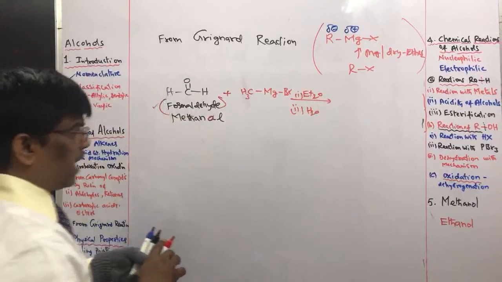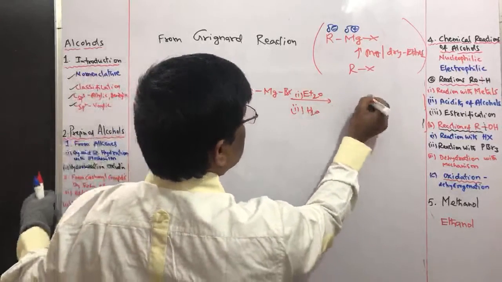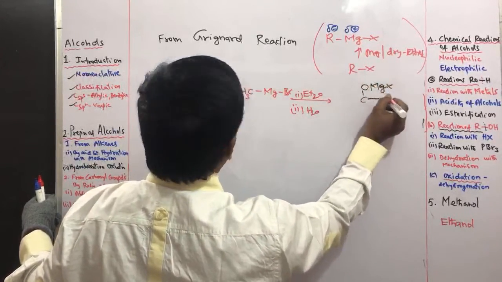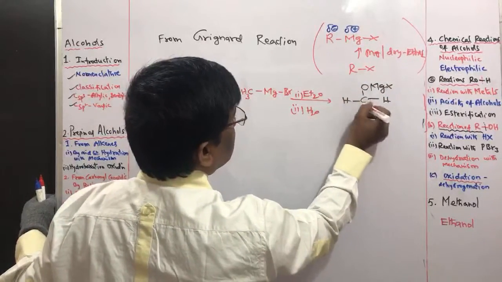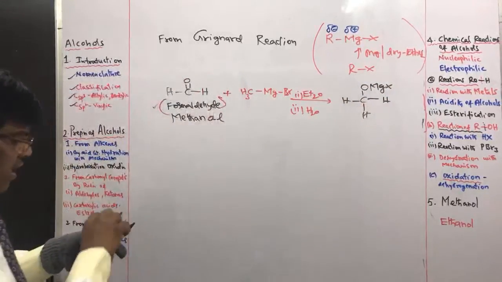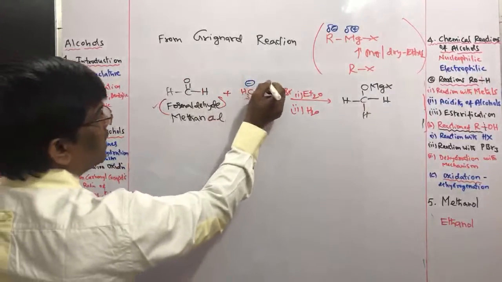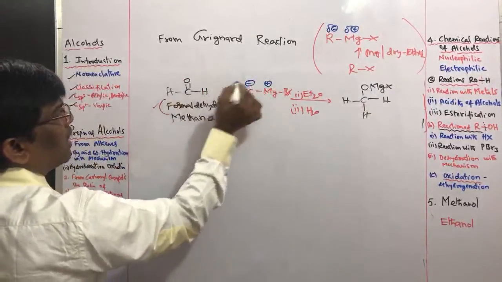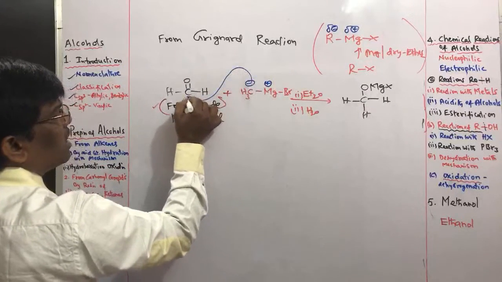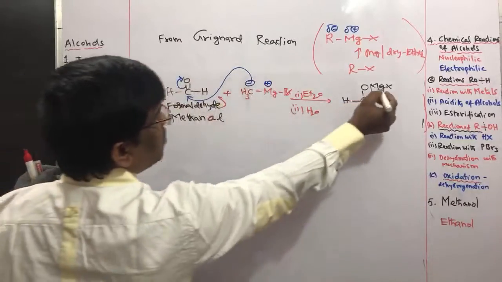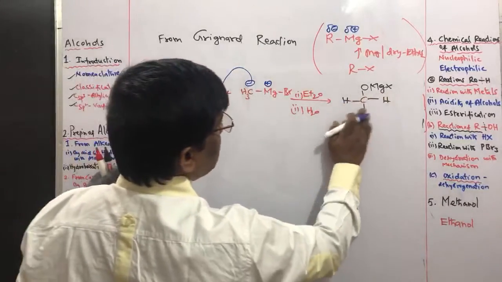Let me write the steps for your understanding. It forms a magnesium halide complex. As I said, R is negatively charged and this carbon is positively charged, so the methyl group comes here, and O minus attaches to magnesium halide.